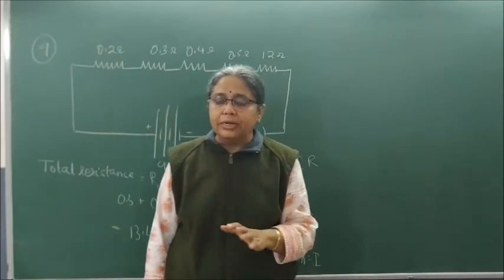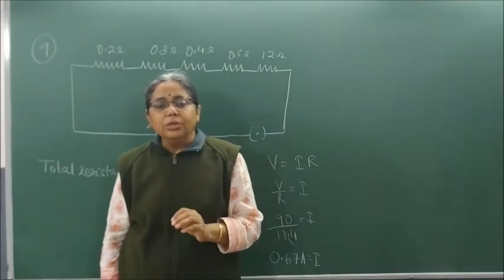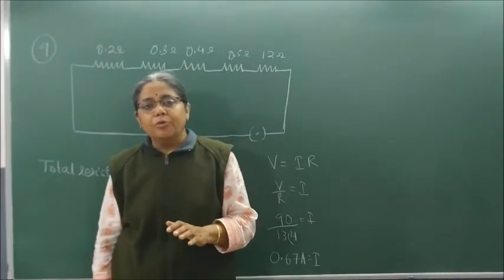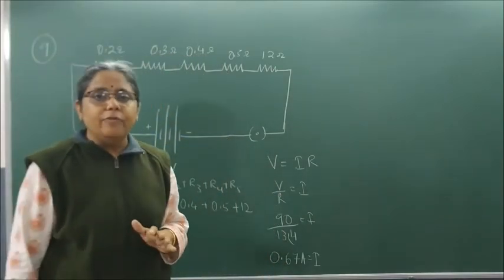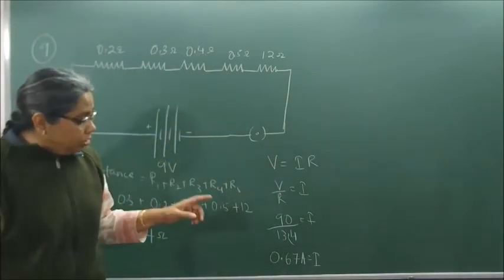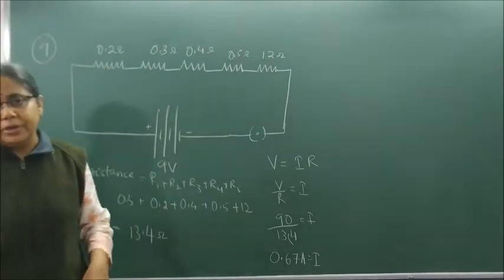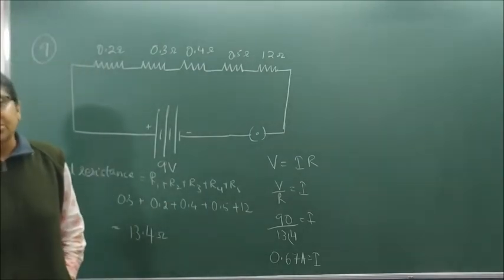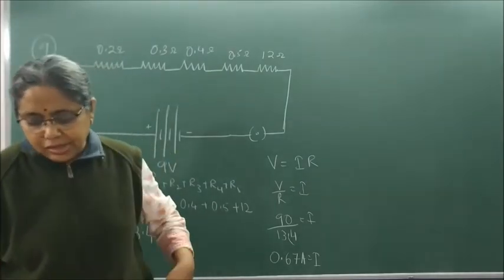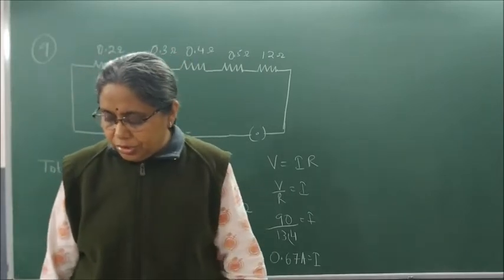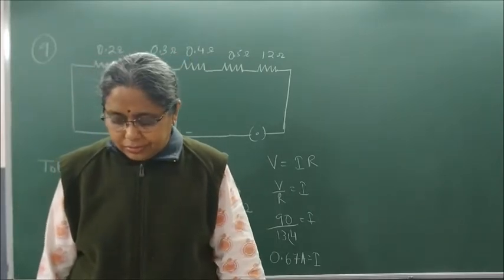So please write: the total current in the circuit is 0.67 amperes. The current passing through the 12 ohm resistor is also 0.67 ampere, as in series, the same current flows through all the resistors.